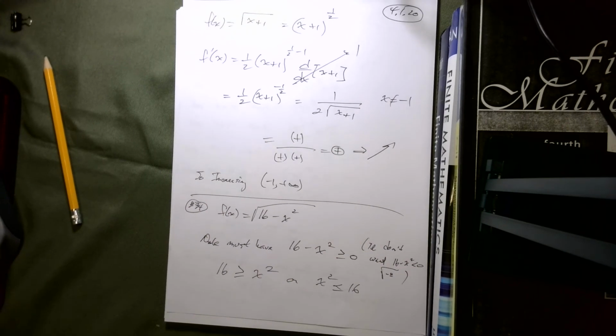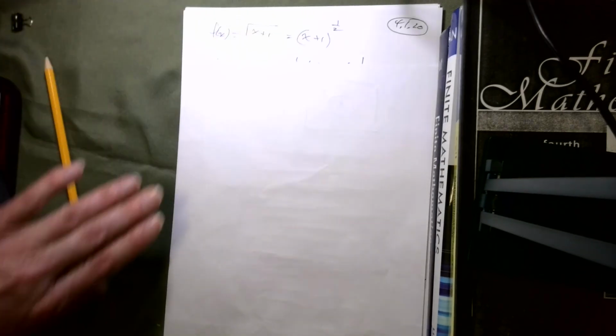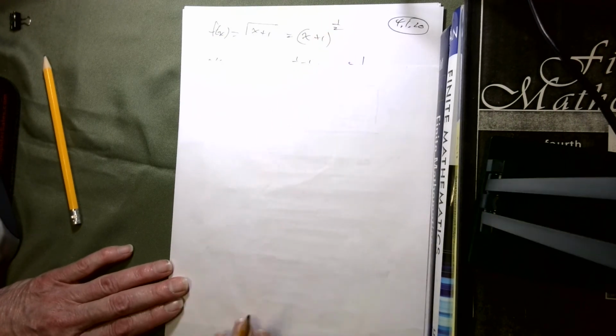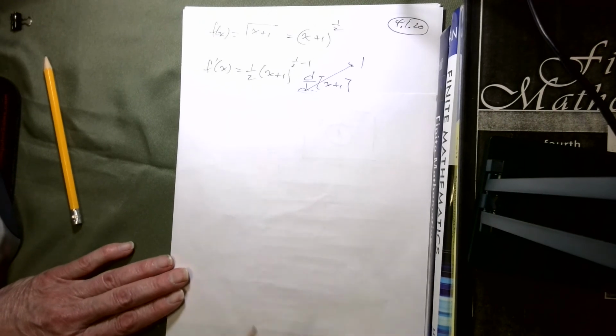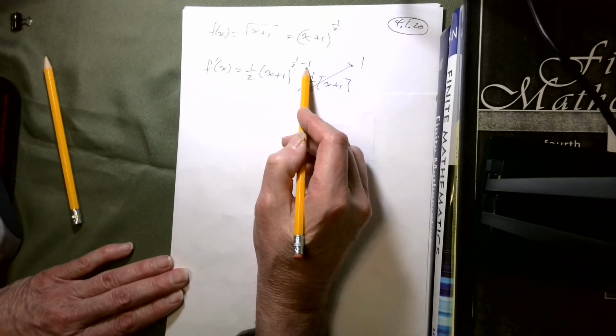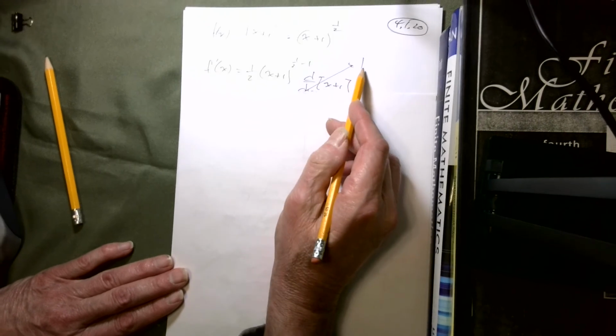So, same old stuff. You take your function and we rewrite it in terms of exponents, and now you have a power rule. So the derivative becomes what? You take the 1/2 down, you subtract the 1. Chain rule says take the derivative of this, but that's just equal to 1.